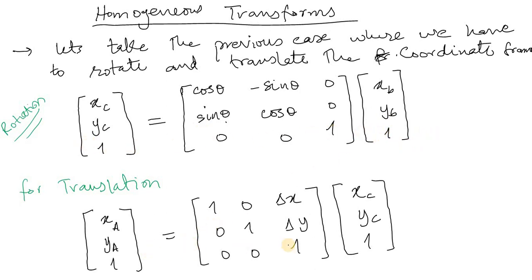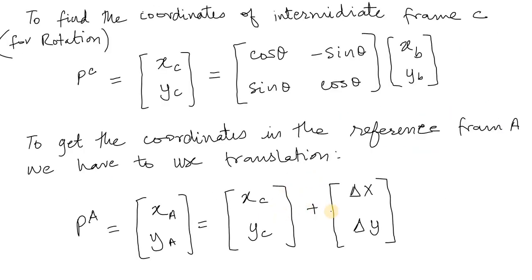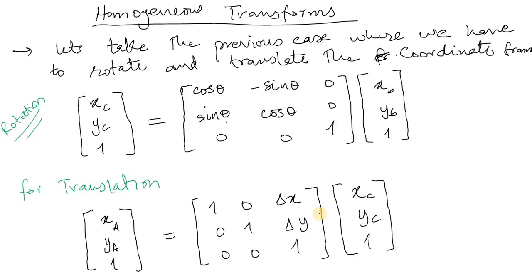And for translation, we multiplied the coordinates of your intermediate frame with the translation matrix. But here we did some addition of two vectors. So now let's combine these two and see what we get here.